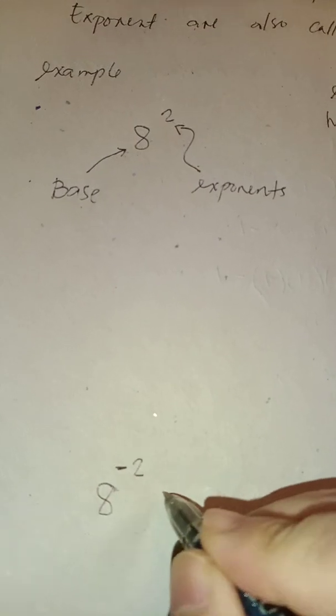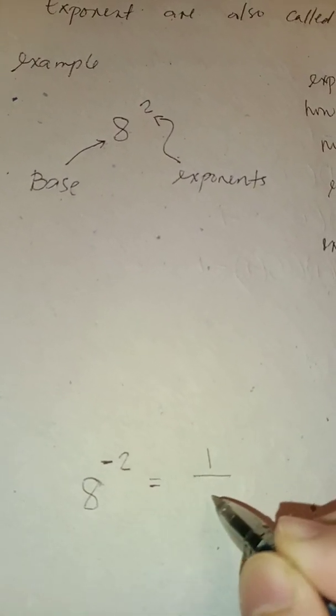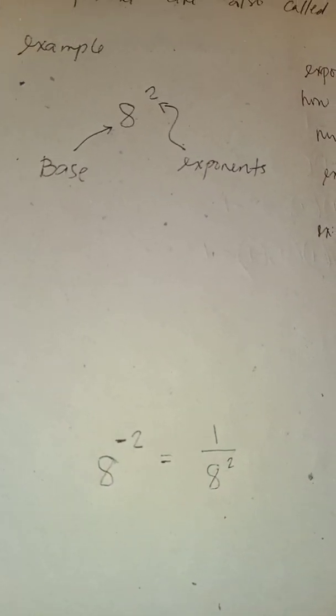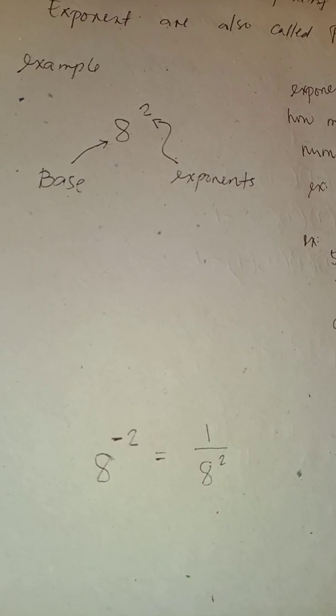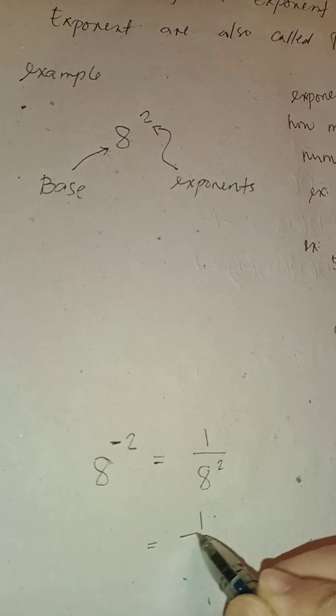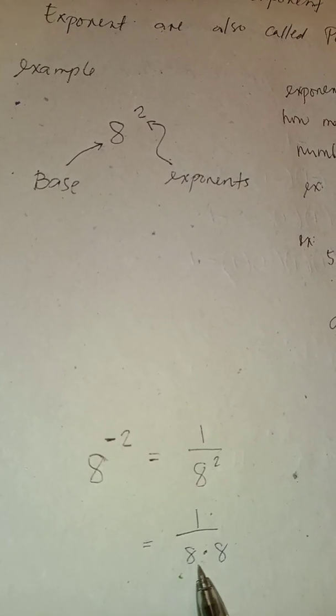So, example, 8 raised to the power of negative 2. Mangyayari nito, 1 over, ito yung inverse niya, di ba? Divide daw eh. So, ganyan siya. I-divide mo lang siya, tapos, same na process sa multiplication. 8 times 8, kasi nga, power siya.